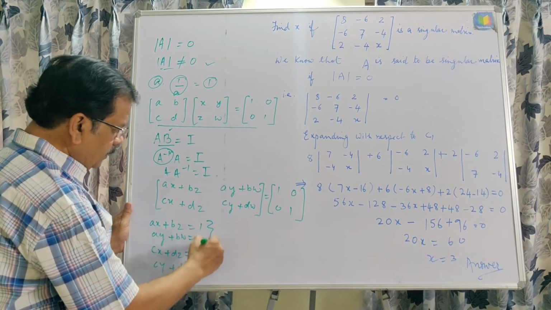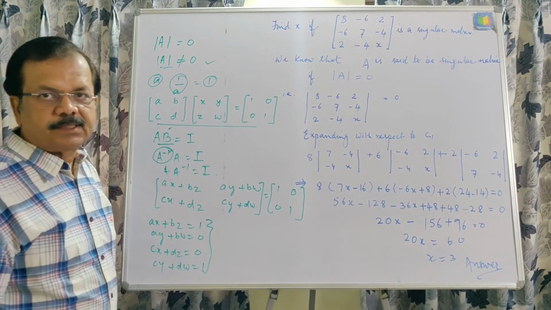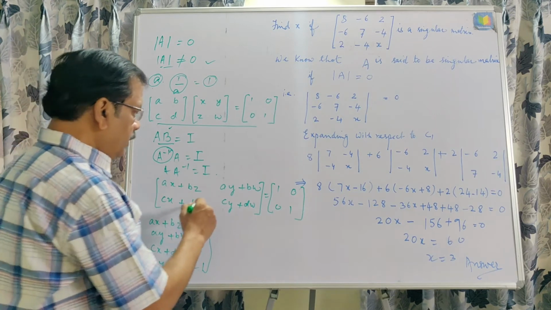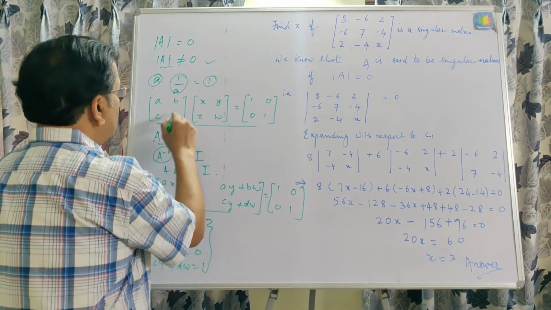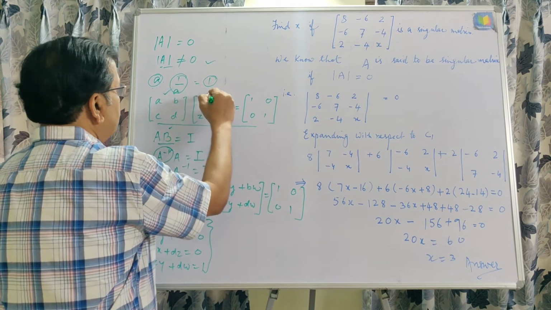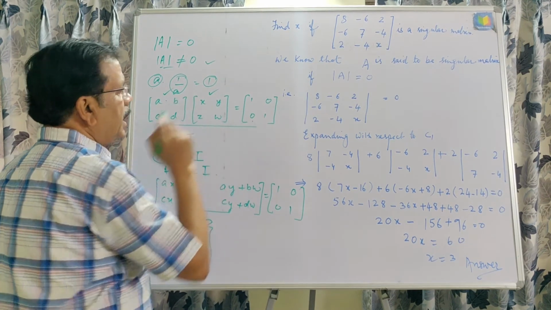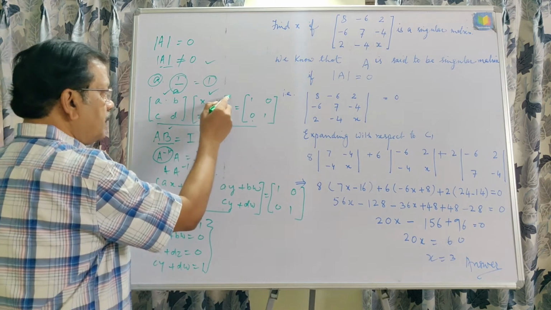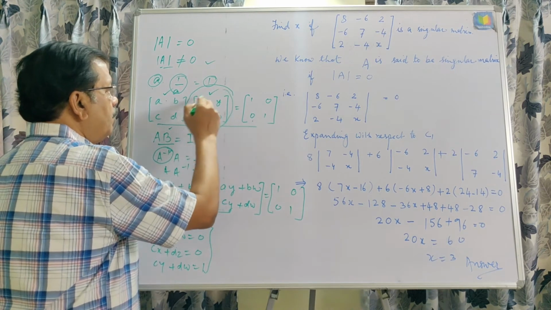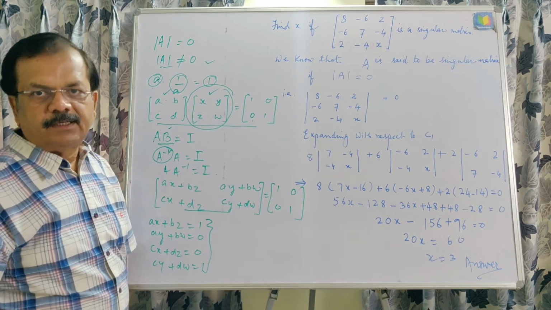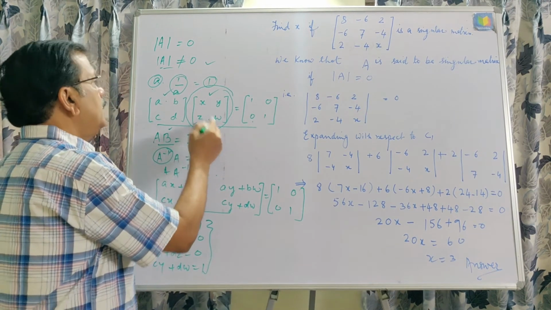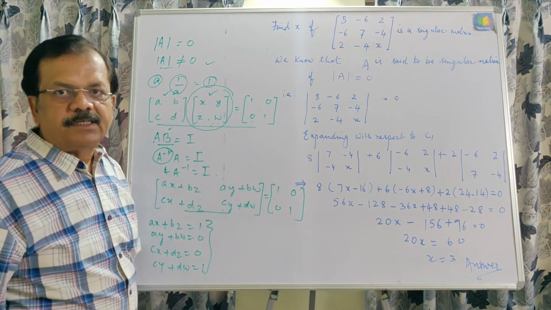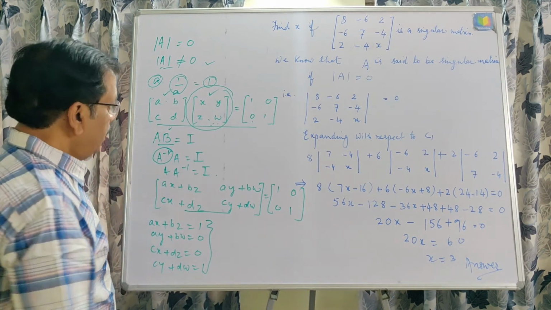After solving these four equations, we will get the inverse of this matrix, because if we multiply these we are getting the identity matrix. It means obviously the values of X, Y, Z, W after substitution in this matrix will be the inverse of the matrix A, B, C and D.